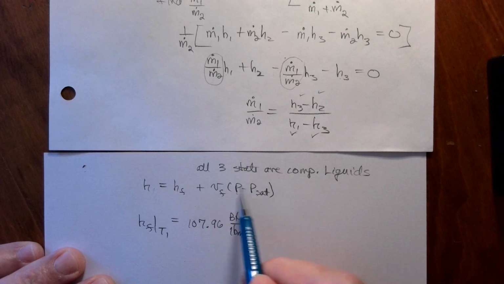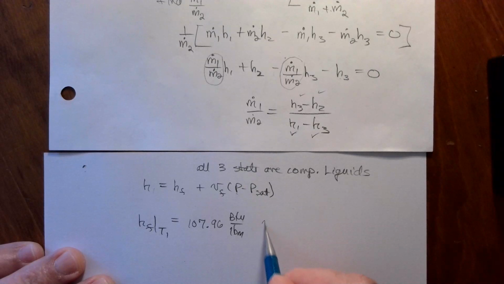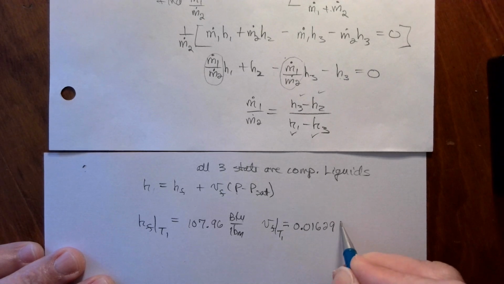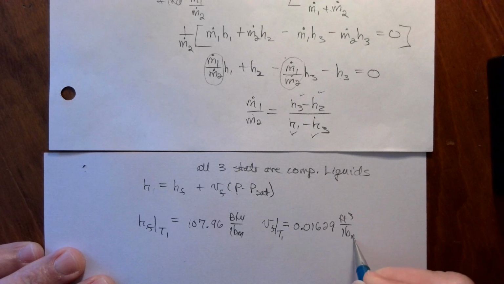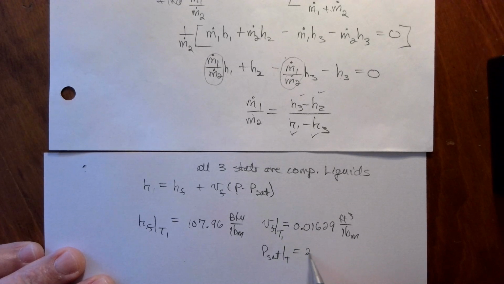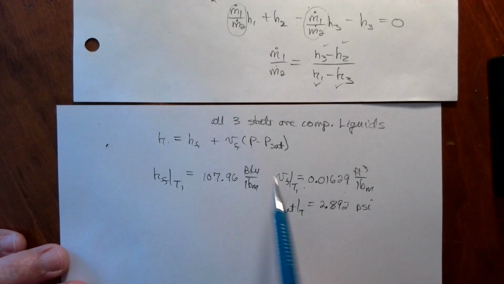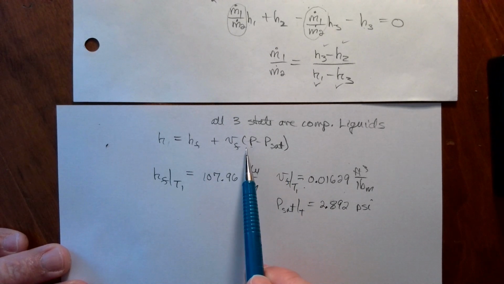If I have to evaluate those additional terms, I would need a VF. So VF at T1 is 0.01629 cubic foot per pound mass, and then P saturation at T1 is 2.892 psi. So those are the numbers I would need to evaluate this formula for location 1.